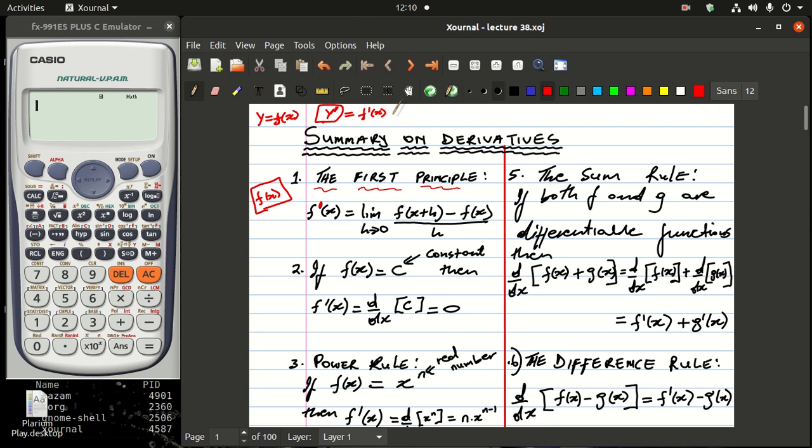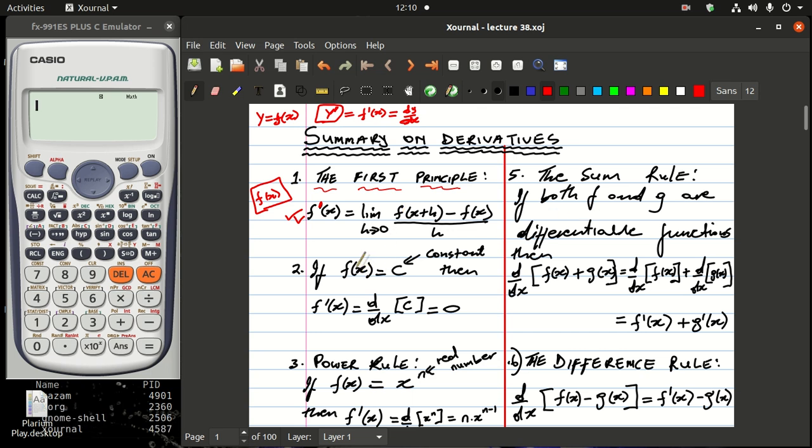And also another notation that was introduced by Leibniz, we usually say dy over dx. This is still the same thing as that, and this is the same thing as that. But what is important here is that I want you to know that this equation is the first principle.